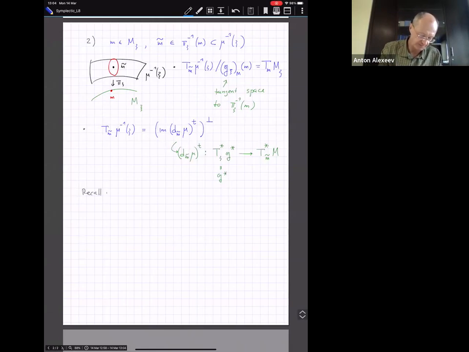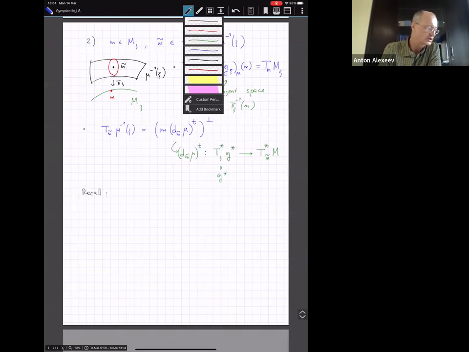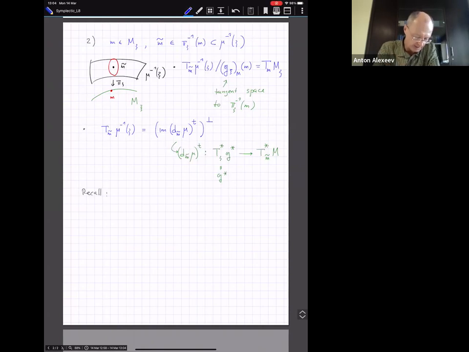we have a proposition which tells us something about this space, and I think it is telling us that T m tilde mu minus 1 of psi, omega. So I want to know what is the omega orthogonal of this subspace.